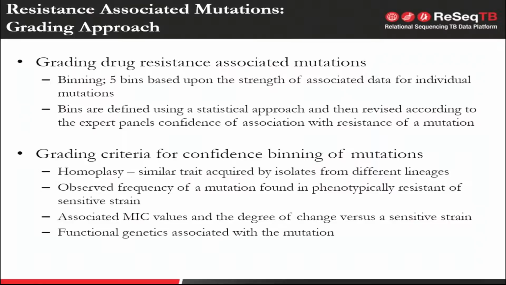We defined this classification strategy starting from a statistical approach that can be further improved by the consensus within the expert panels. For this grading system, we are using 4 criteria: homoplasy, the distribution of the mutation within resistant and susceptible isolates, the MIC values, and functional genetic studies.